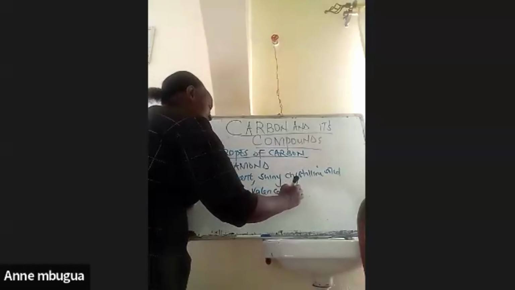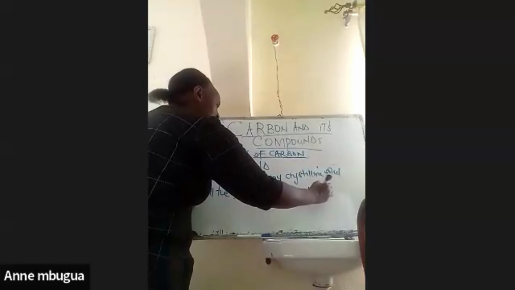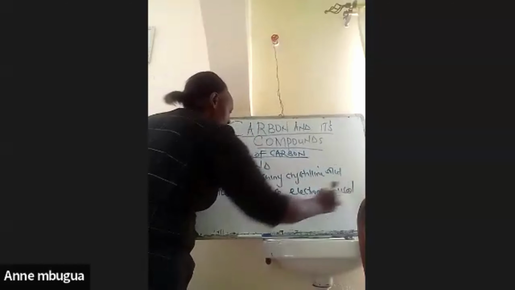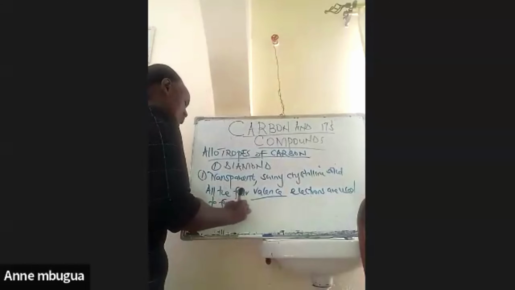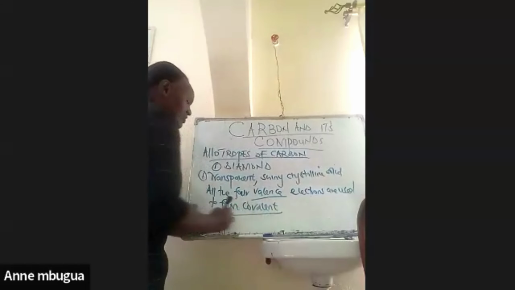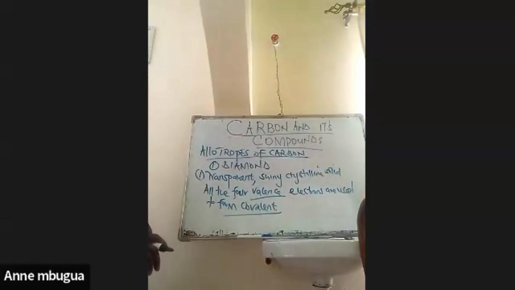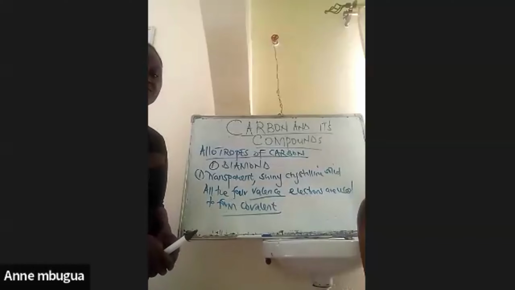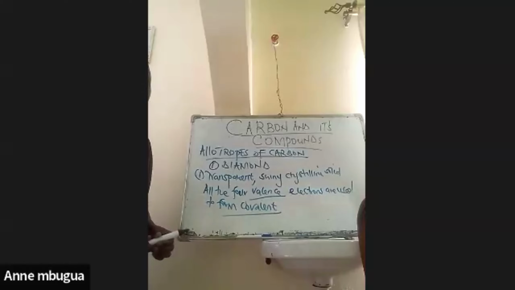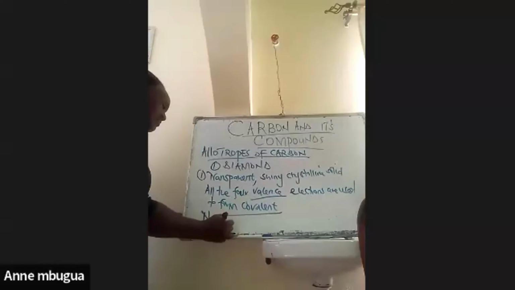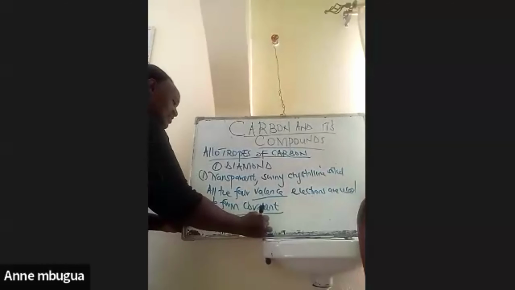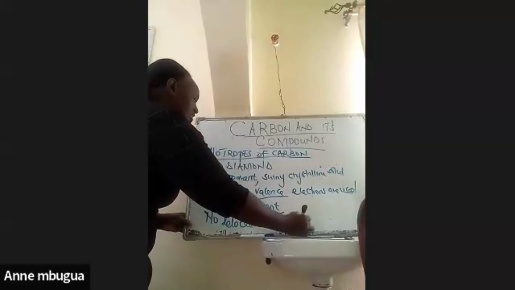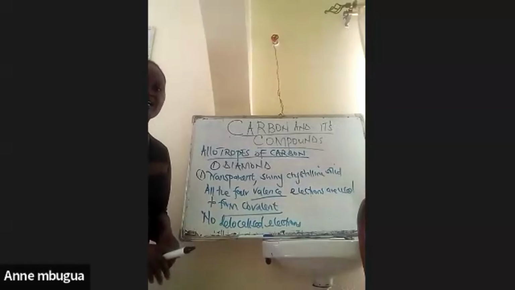This means that within the structure of diamond, there are no delocalized electrons. And for this reason, diamond is a non-conductor of heat and electric current.